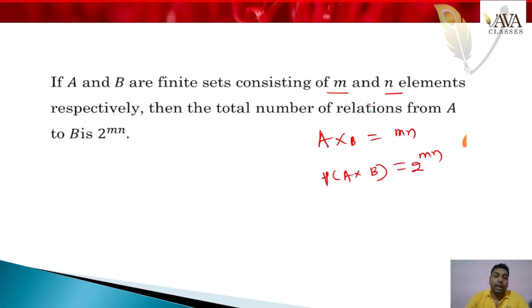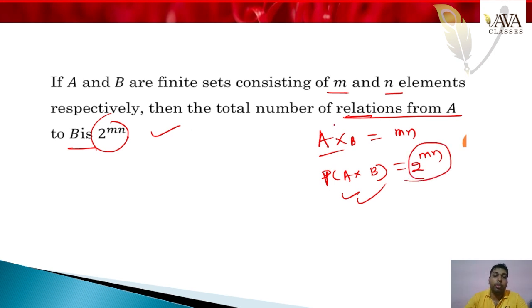That is the same as the total number of relations from A to B, which is 2 to the power mn. Because all subsets of A into B are elements of the power set of A into B, and all subsets of A into B are relations. That means we have 2 to the power mn relations from A to B if A contains m elements and B contains n elements.